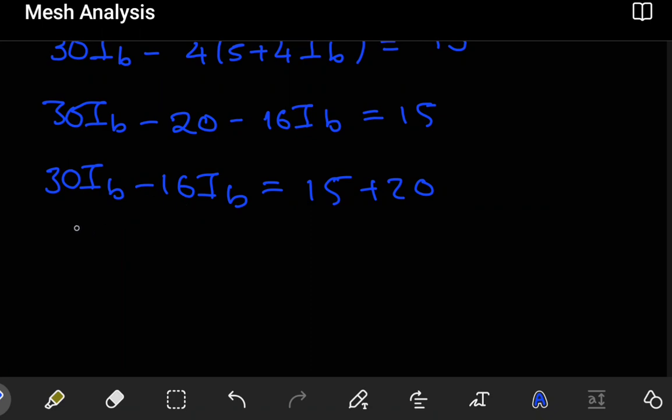Reduce. This is going to be 14 IB equals 35, so that we find our IB as 2.5 amps. So this becomes our mesh current IB.